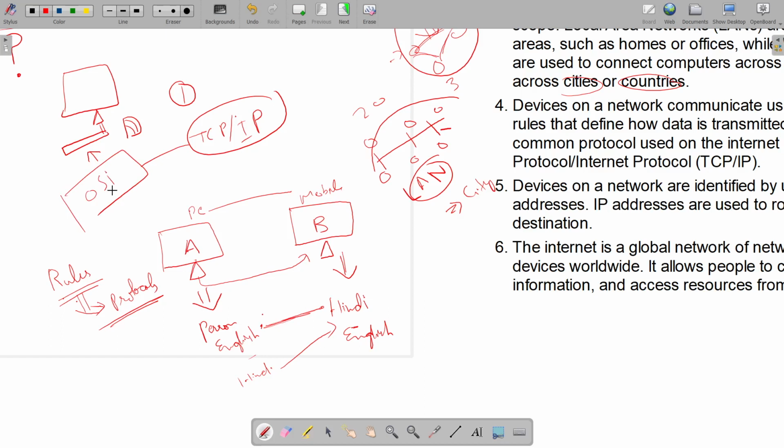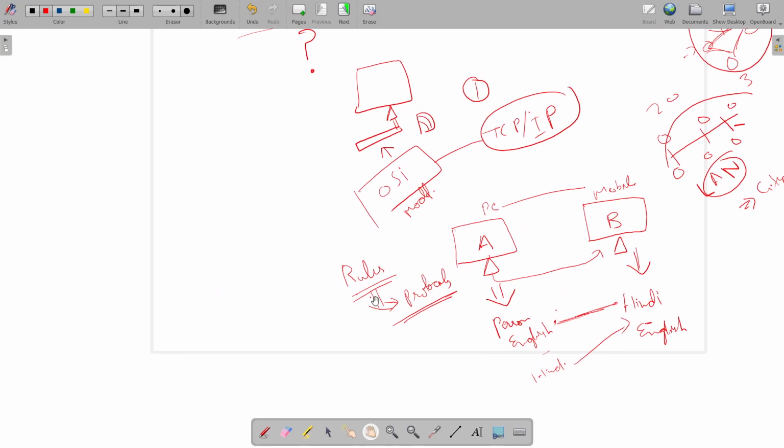Okay, OSI model. You don't have to dig deeper, but there is some knowledge that you should have. If you want to go deeper, the OSI model also has 7 layers. Okay, OSI has 7 layers.